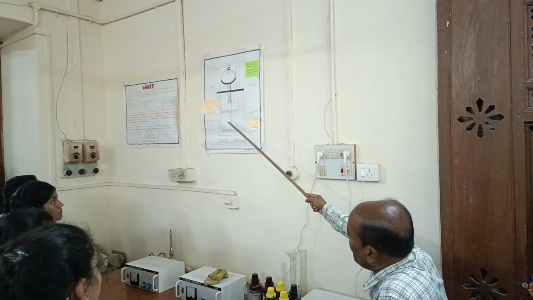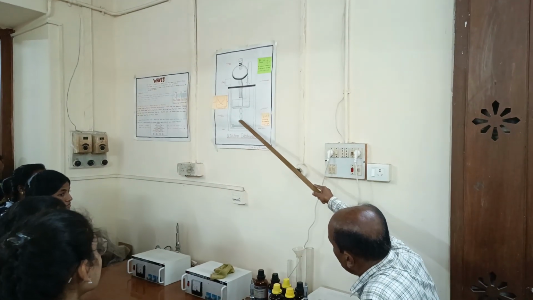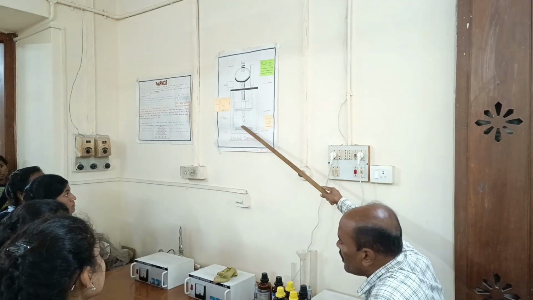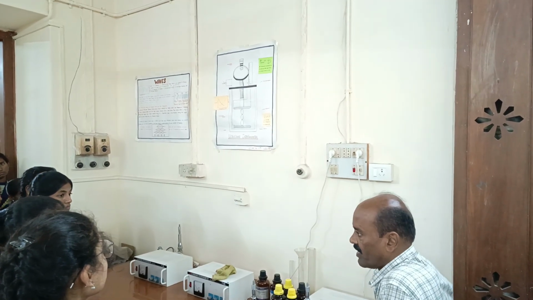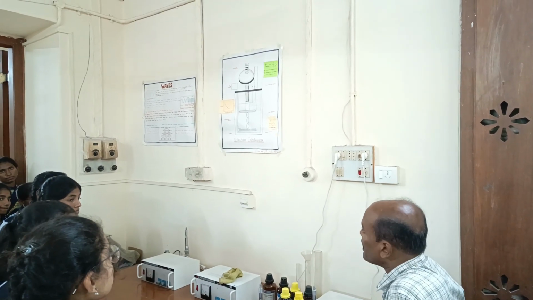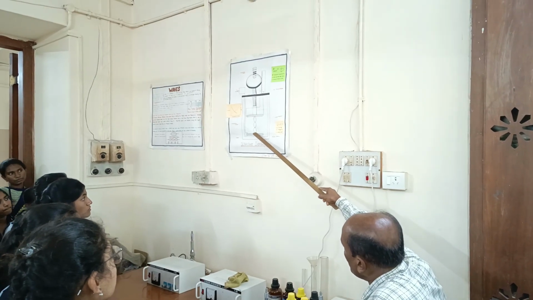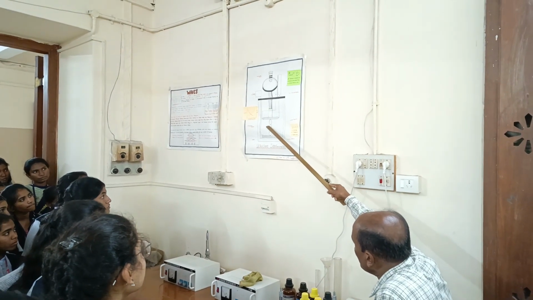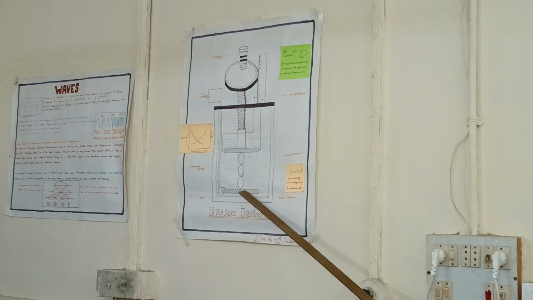By measuring the length between two nodes or two antinodes, we can calculate the wavelength of sound. What is the wave here? What is one wave? One wave is from here to here, and it is getting reflected back.